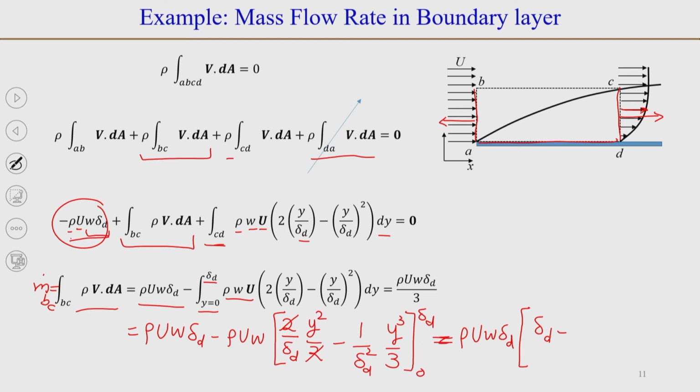So, you will have delta d by 3, and when you substitute the limit as 0, those terms become 0.